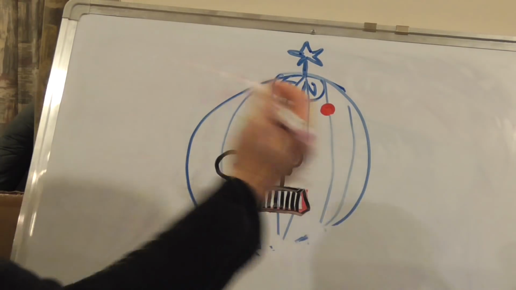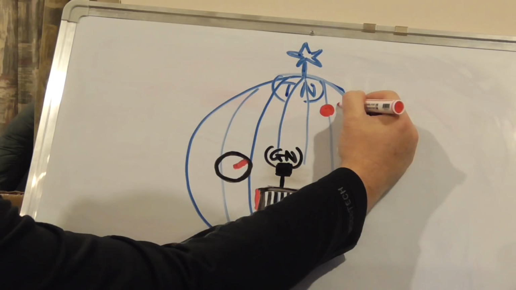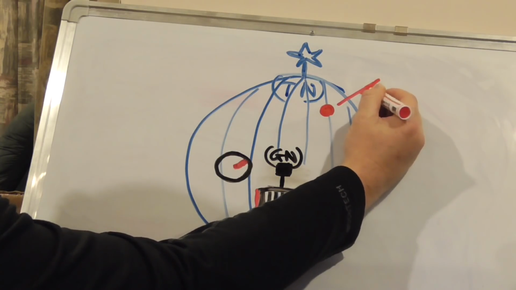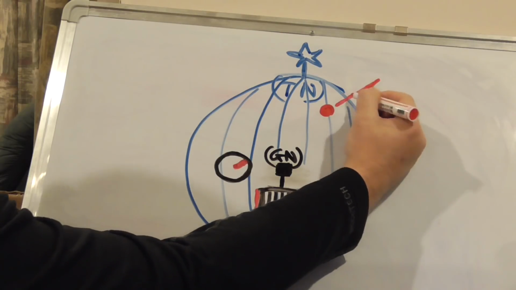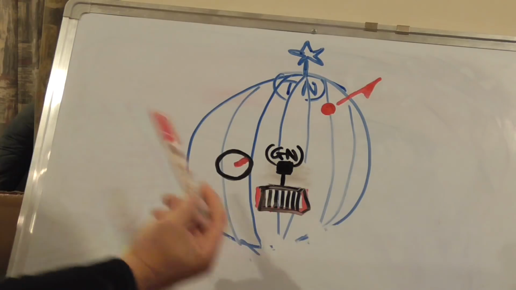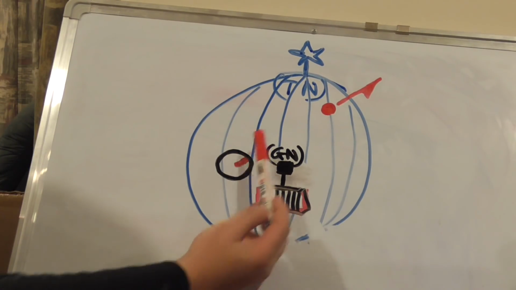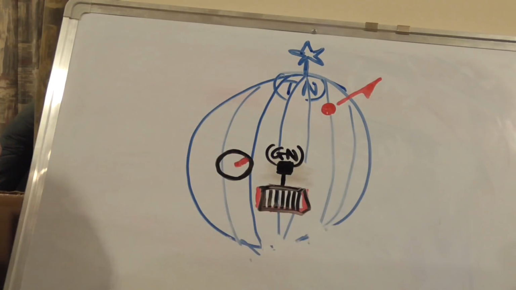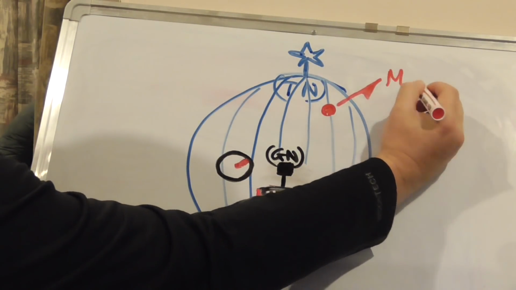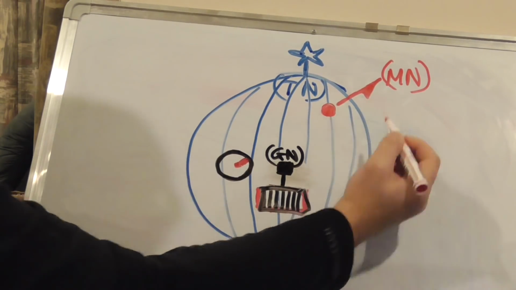And our magnetic north would look like, it would have an arrow on one side of it. Now, the magnetic needle, as I said, the red magnetic needle always points to magnetic north. Alright, so here is magnetic north, which is here.